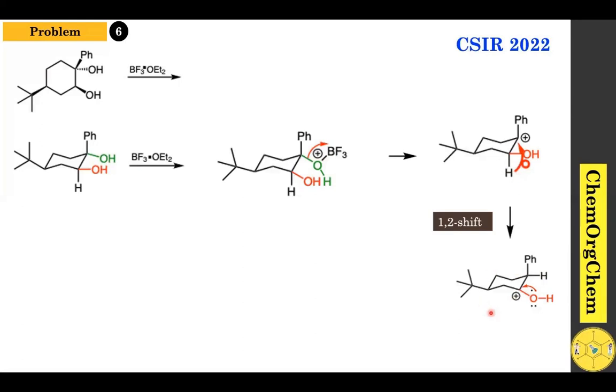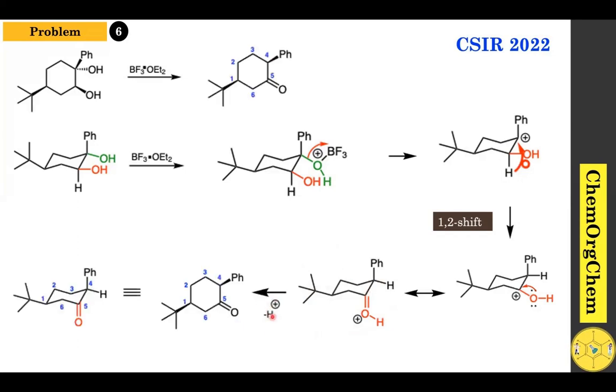Once you generate this intermediate, it is again resonance stabilized, which gives this particular resonance stabilized intermediate, followed by kick off of the H plus ion, which leads to generate this ketone. This is one of the important examples of stereoselectivity in the pinacol-pinacolone rearrangement reaction.